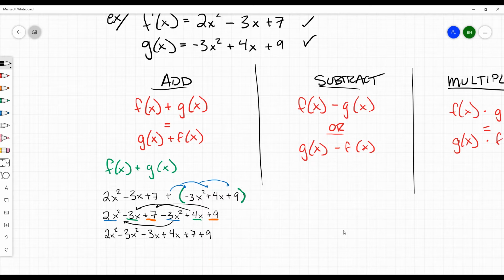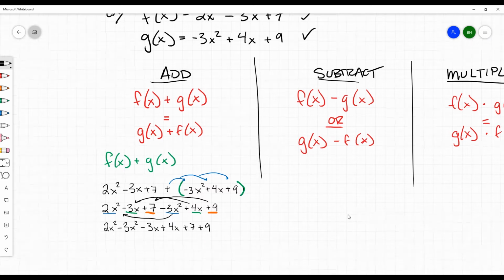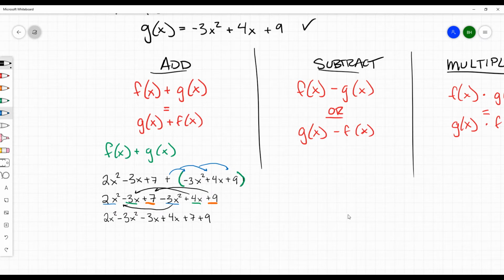So that way we can easily combine like terms here. So we can combine all of this, we can combine all of this, and we can combine all of that. So my final answer here will have f of x plus g of x give me a value of negative 1x squared plus 1x plus 16.